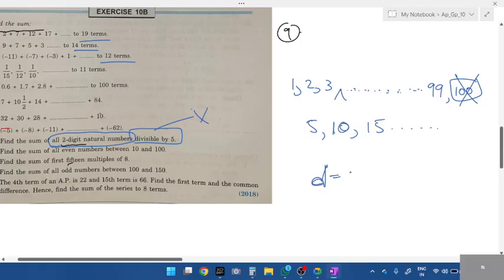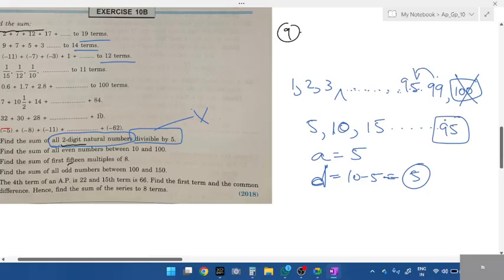B is 5. What is A? 5. If they tell 99, don't take up to 90. 99 is not divisible. What comes before 99 which is divisible by 5? Very good. You have to take up to 95. What is our last number? 95.